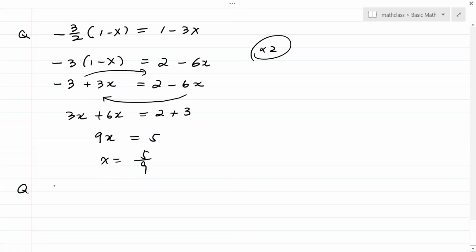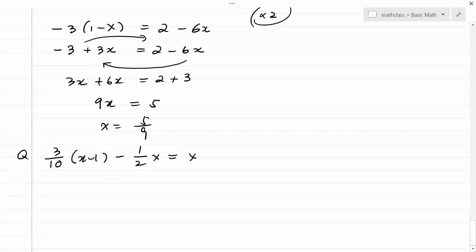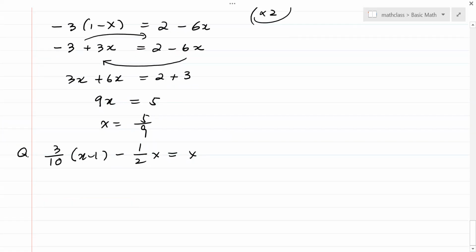All right, so here's the next one. Okay, 3/10 of x minus 1 minus 1/2x equals x. Wow. All right, so now we have two fractions. Those two fractions are different. I want to find a number that can get rid of both fractions at the same time.